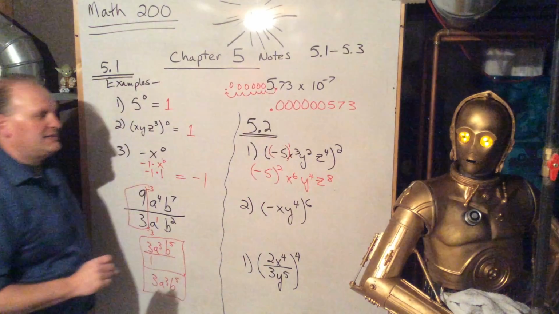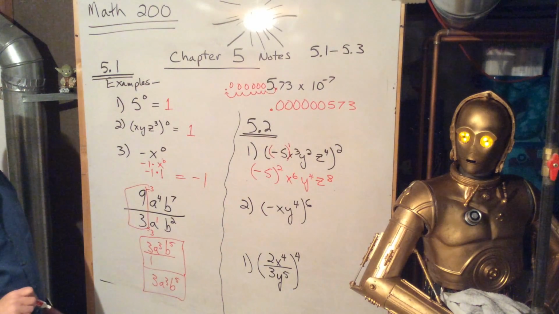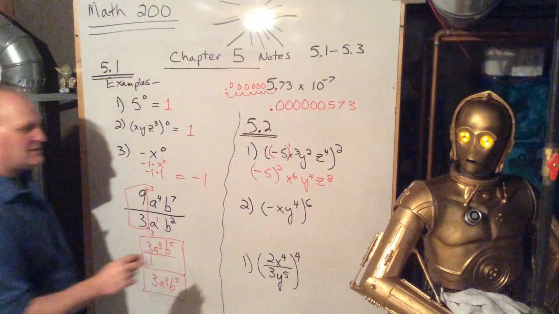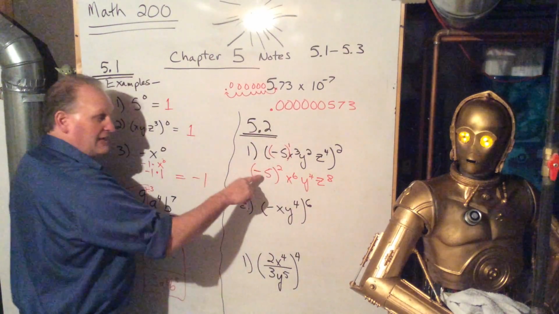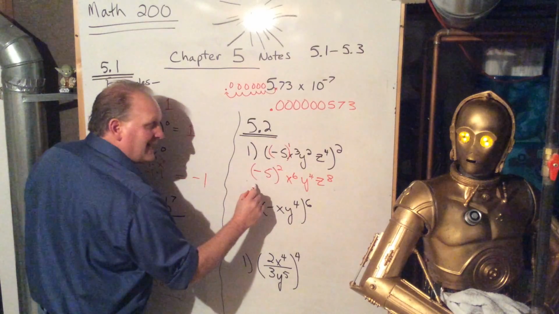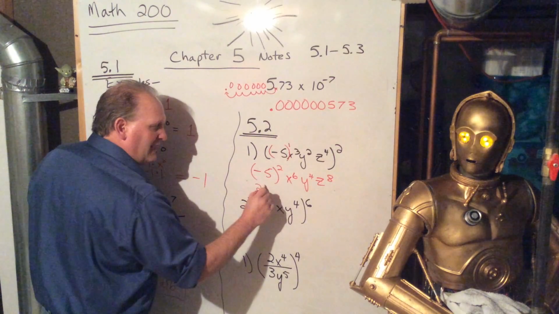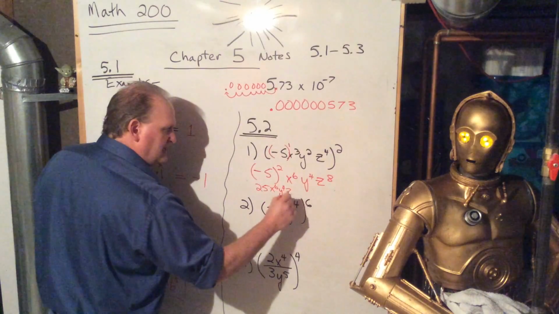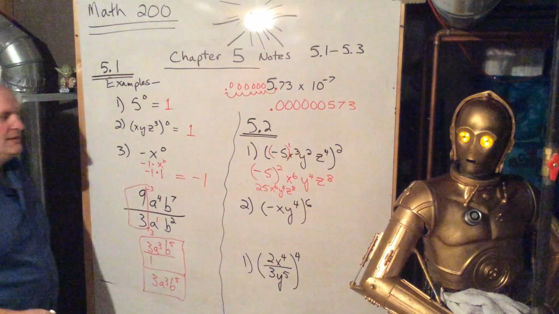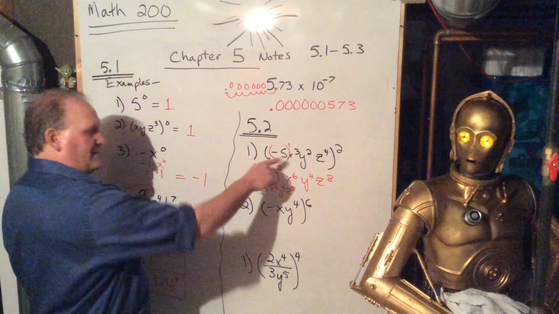But we've got this, negative 5 squared. So I'm not quite done there. I have to squeak it in underneath here. I don't think I can fit it on the side. So negative 5 times negative 5 is positive 25. x^6, y^4, z^8. And that is our answer for that problem.